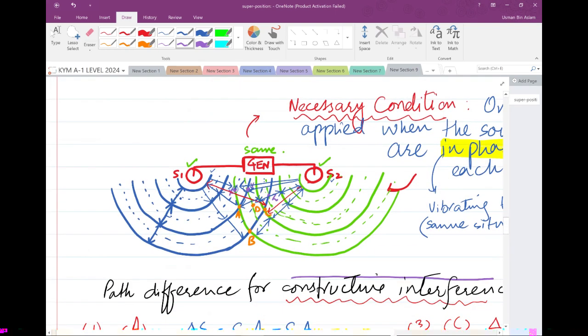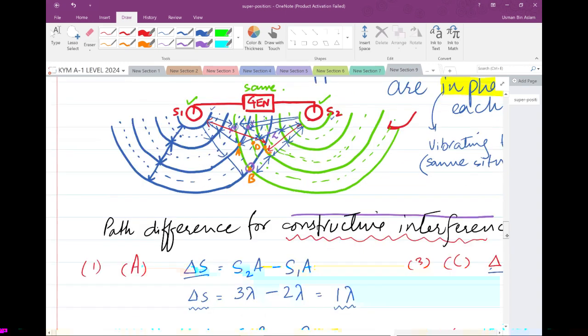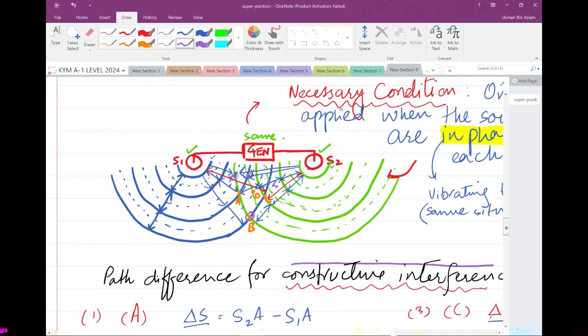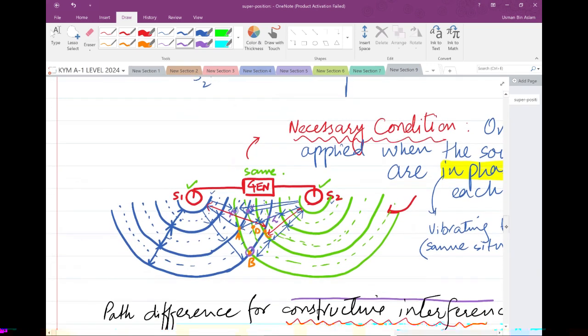At point B, where the path difference from both sources was equal, the path difference was 0. In such a scenario, it used to be constructive interference. But that happens only if the sources are vibrating in phase.